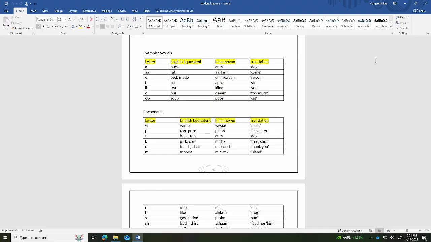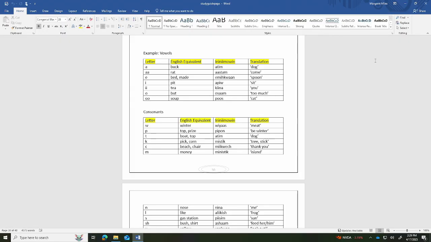So we're gonna do more examples of vowels. The letters: short A, long A, E, I, long I, short O, and long O. The first letter A in English, buck.